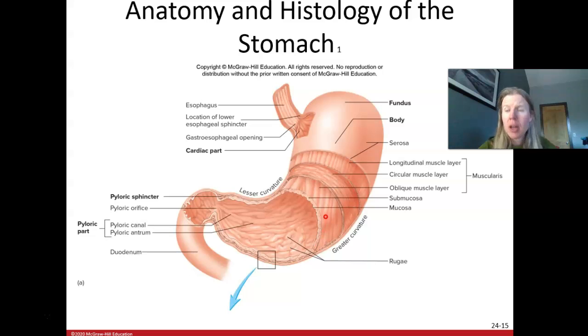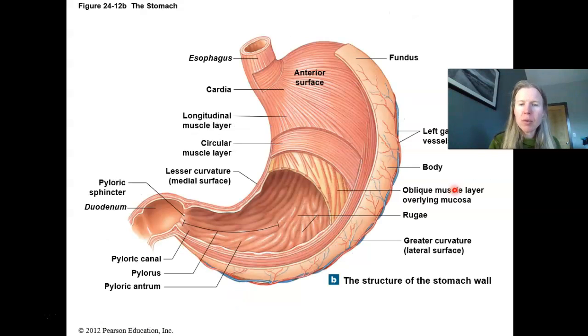They're not showing it on here, but remember that mucosal layer does have a little bit of smooth muscle as well, and we have some extra here in the stomach. But this third layer, this oblique layer in the muscularis externa, is important because now we're not just trying to propel food along a tube and need those two layers, but we're really trying to churn. And so that's where that third layer comes in handy. Again, the old book shows that extra layer of muscle in the mucosa.